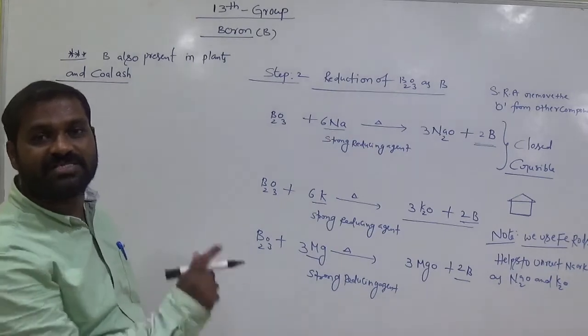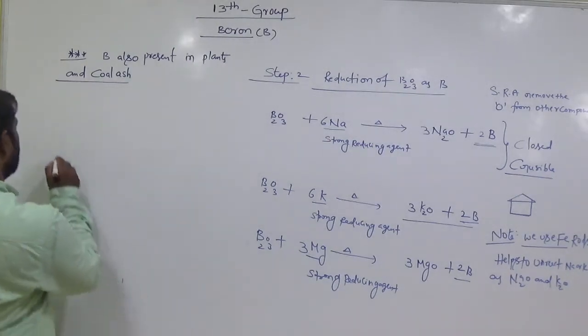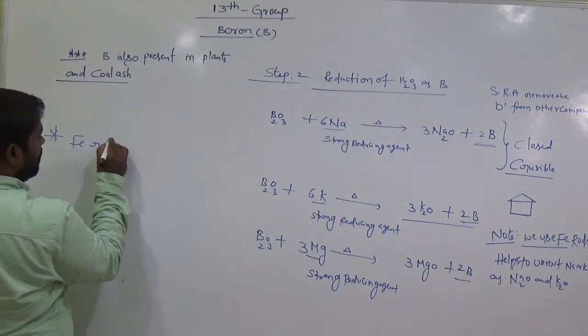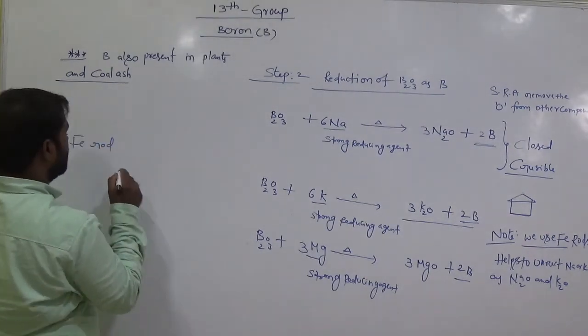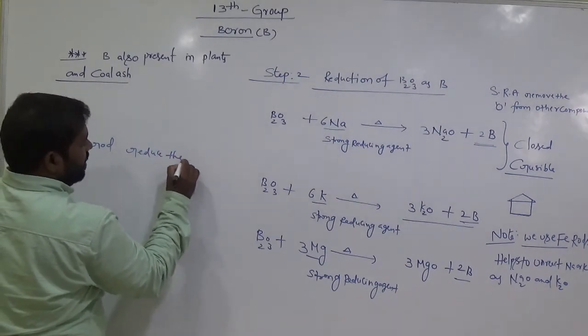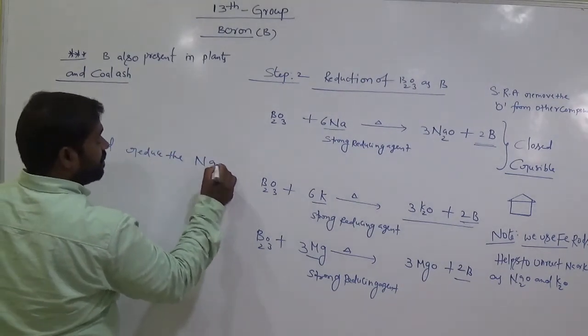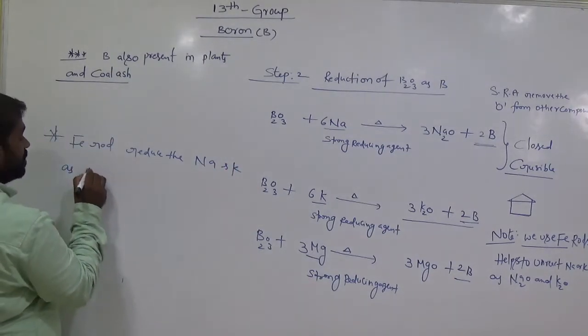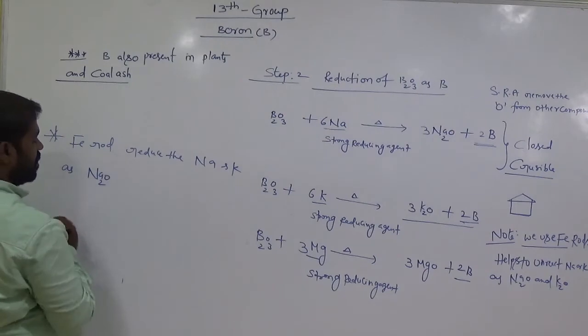That is the advantage of iron here. So here this iron rod reduces the sodium and potassium as sodium oxide.